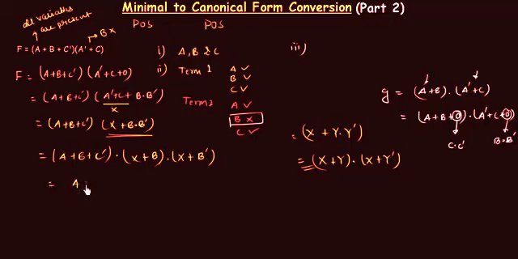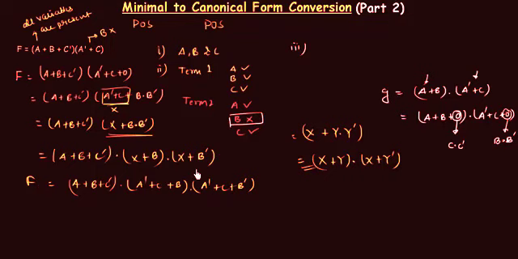And this X is nothing but A complement or C. I am replacing this X by its actual value, so we have (A complement or C or B), and also (A complement or C or B complement).